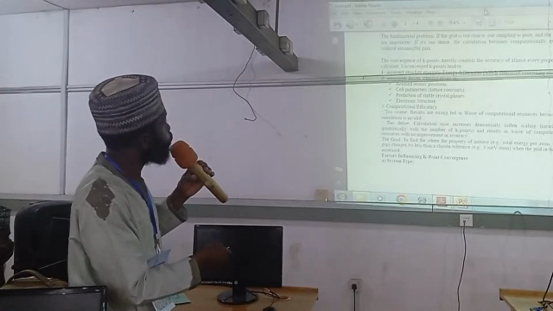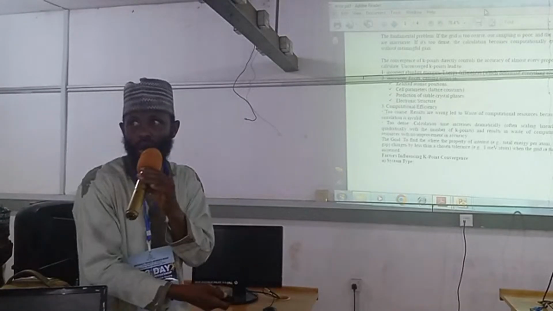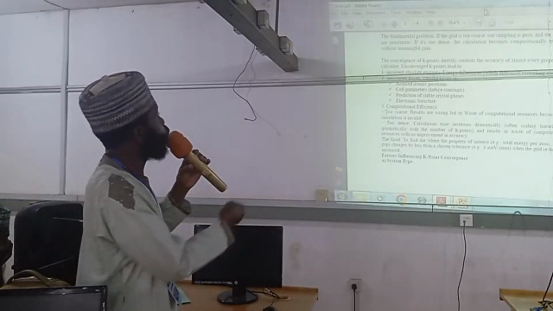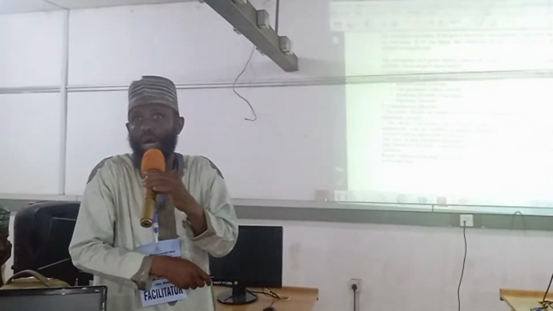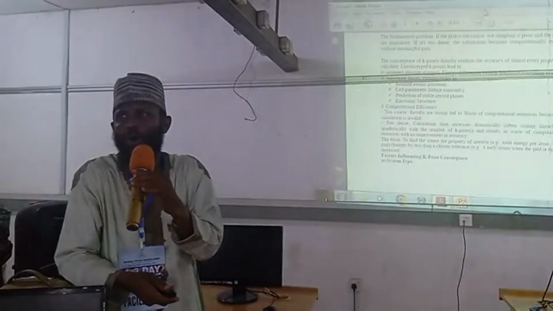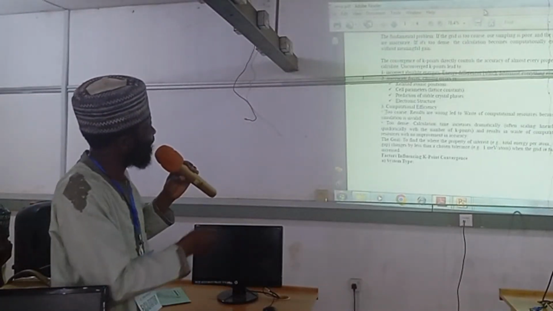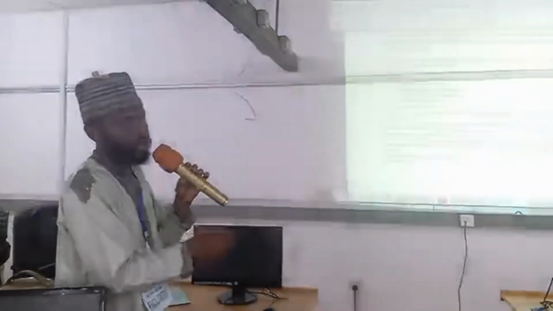The fundamental problem: if the grid is too coarse, our sampling is poor and the integrals are inaccurate. If it's too dense, the calculation becomes expensive with unphysical results. So the convergence of K points directly controls the accuracy of almost every property we want to calculate.